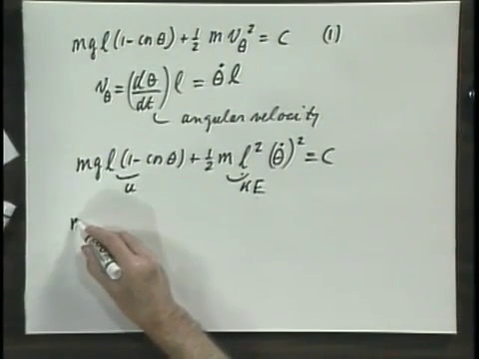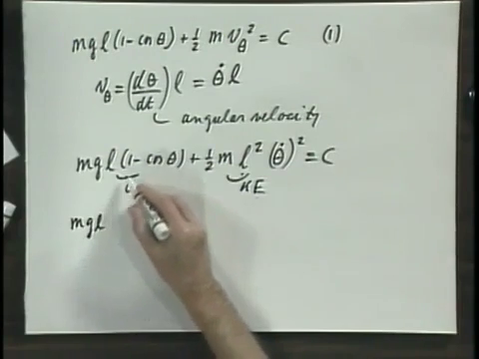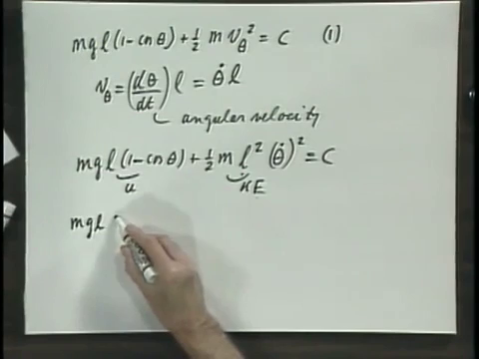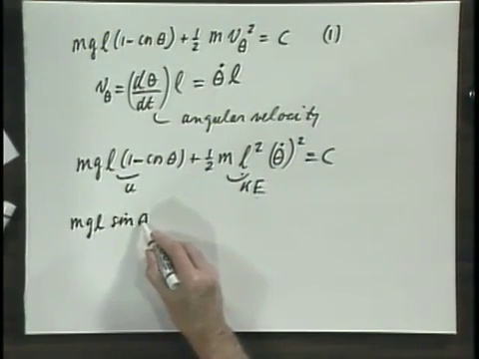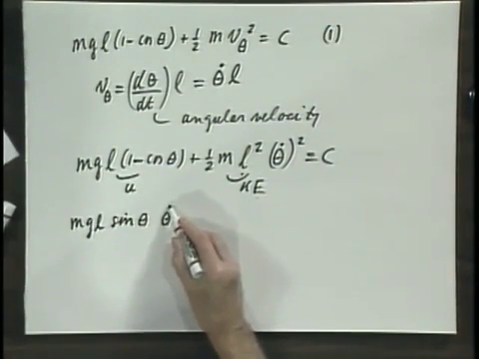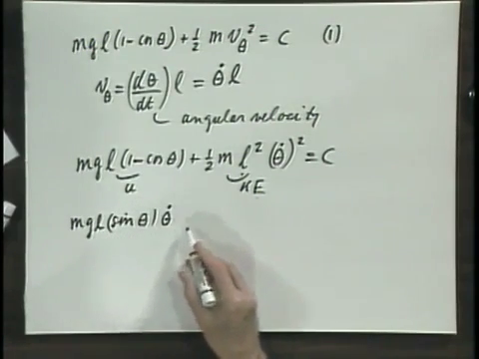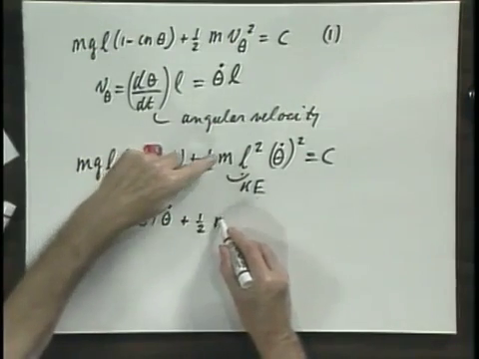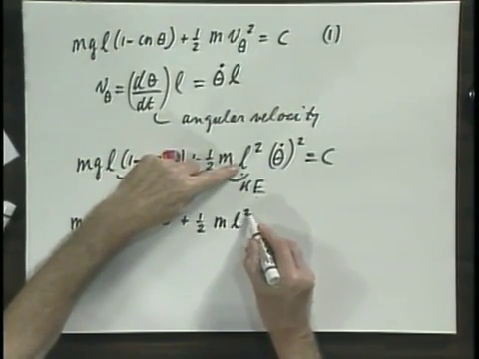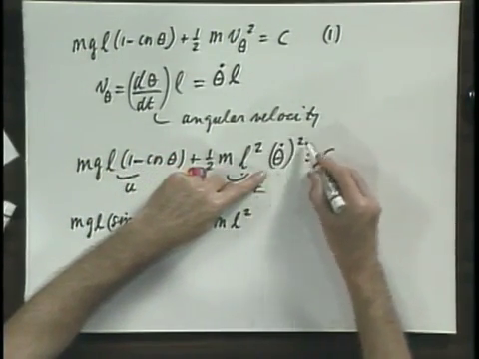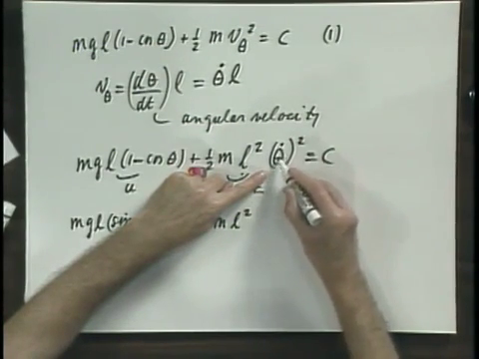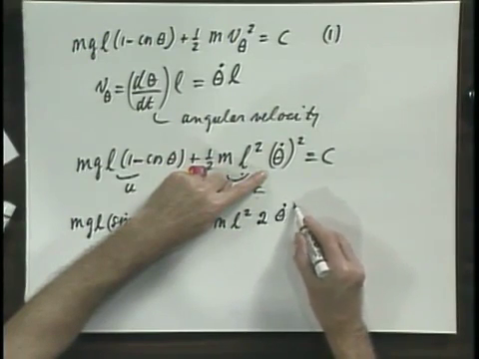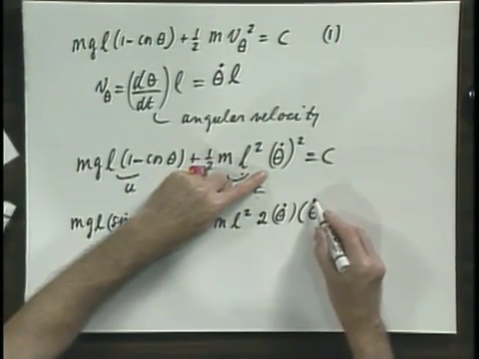Now, mgL, the 1 has no effect. The cosine becomes a minus sine, but I have a minus here, so minus minus is plus sine theta. And then, of course, I have theta dot. I have to use the chain rule. Plus 1/2 m L squared, and I have to take the derivative of theta dot squared, so that gives me 2 times theta dot times theta double dot.